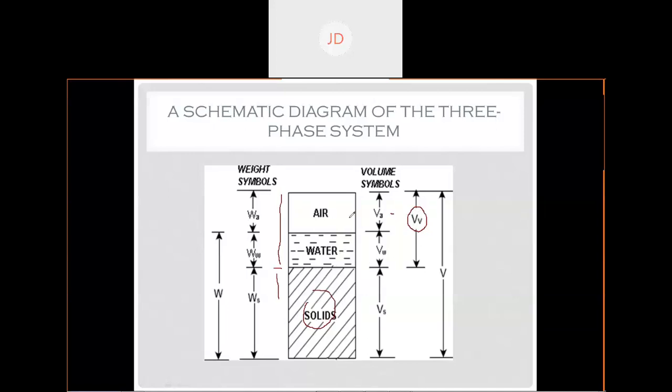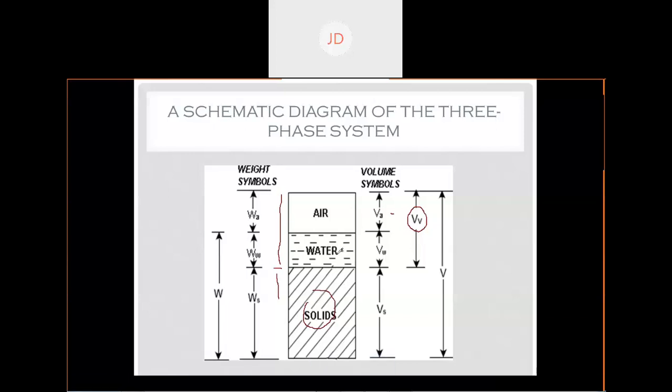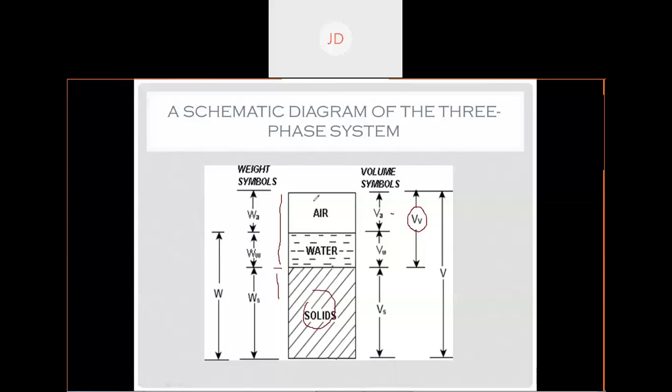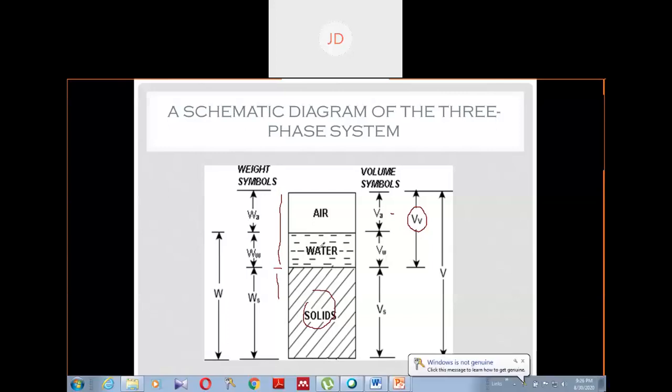Now suppose this is a fully saturated soil, then what will happen? The whole void will be filled with water. Then the total volume of void will be equal to the volume of water, because there is no space for air. Now suppose it is a dry soil. In that case the whole void will be filled with air only, there is no space for water.